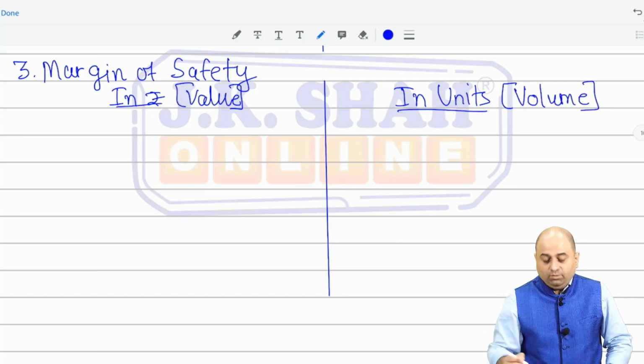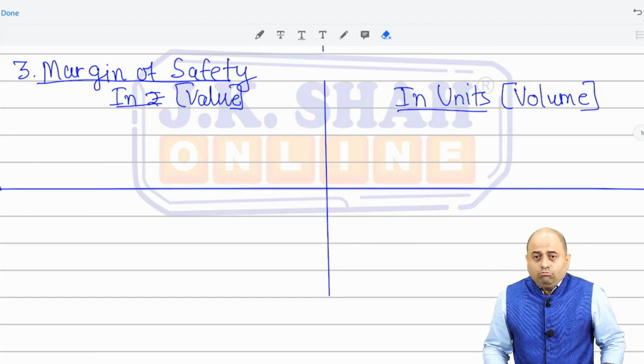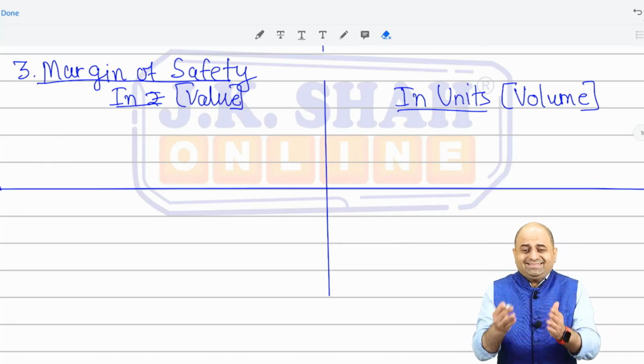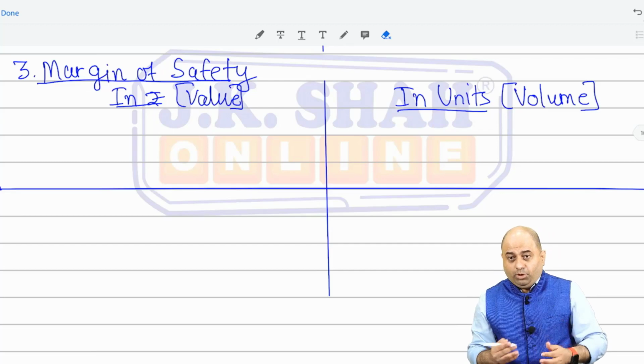Okay, now, so what is margin of safety? In simple words, it is additional sales over and above break-even point.